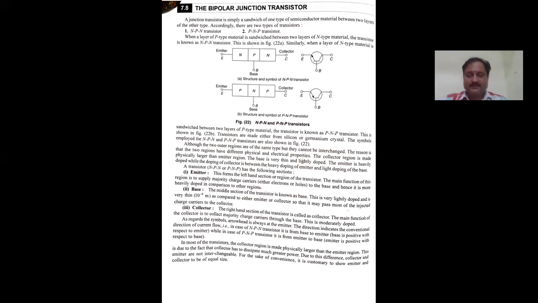We observe this in the PN junction diode as well as the GNR diode. Depending upon the doping, the depletion layer easily breaks. Emitter is heavily doped, base is lightly doped, and collector is moderately doped.